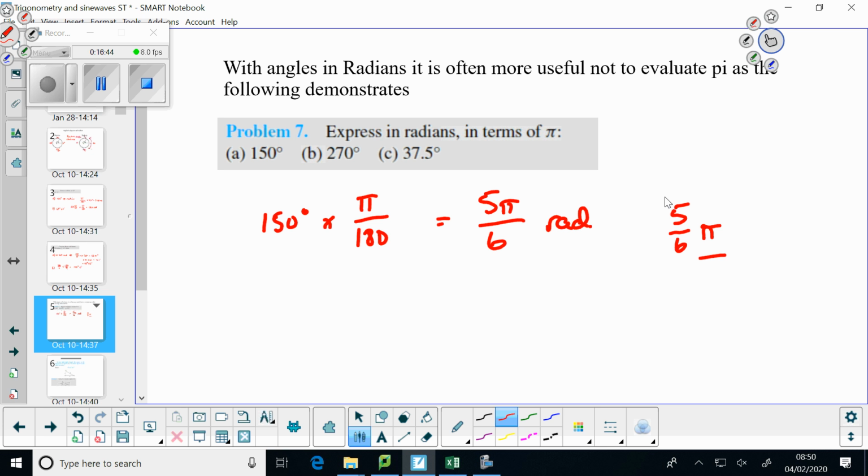Yeah. However, be careful, because if you had something like that, that is not the same as 5/6 pi. Yeah. So be careful.